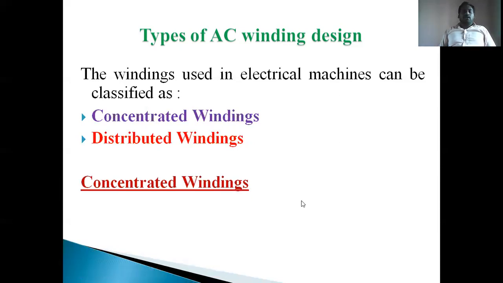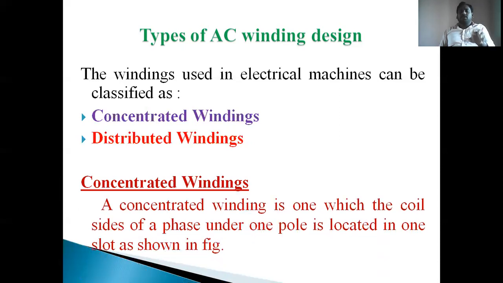So see, concentrated winding means what happens? All the armature conductors are located in only 1 slot. One coil side is nothing but 1 conductor, and one coil is nothing but 2 coil sides, that is, 2 conductors.